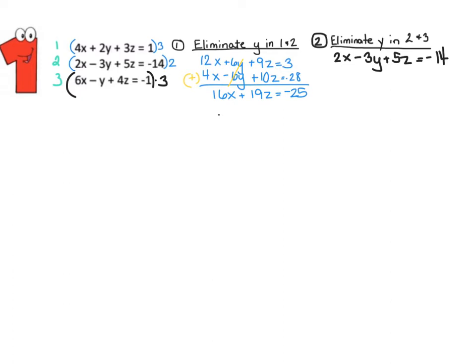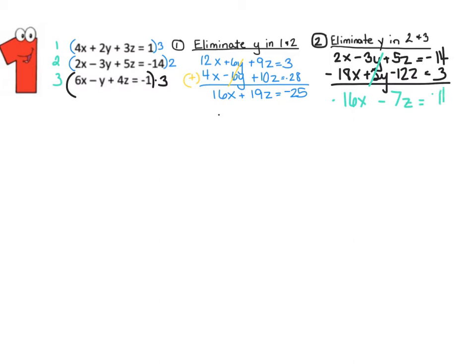So the bottom one would become negative 18x plus 3y minus 12z equals positive 3, and I will stack and add. So I'm going to get negative 16x, my y's are eliminated, minus 7z equals negative 11.